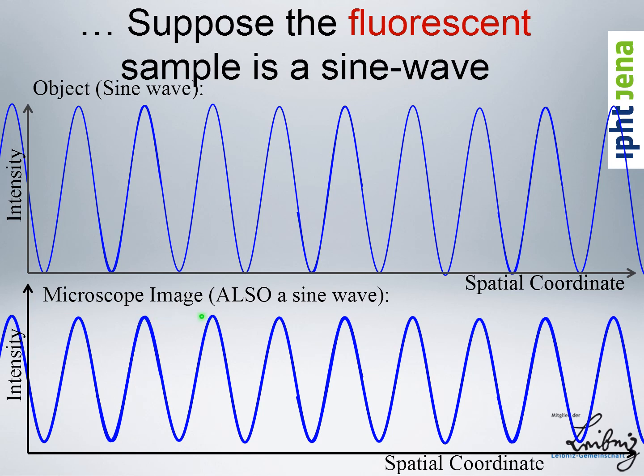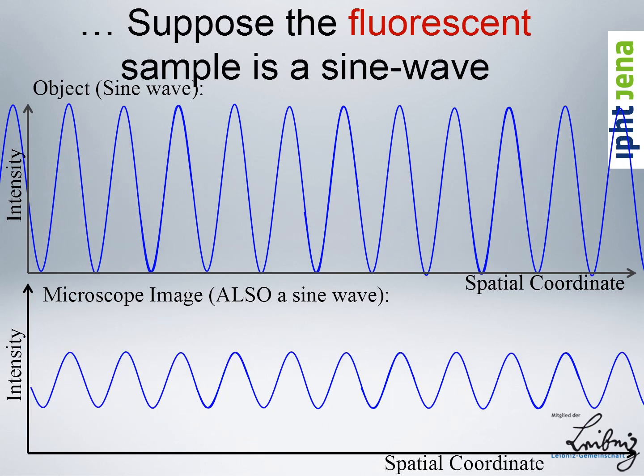So the contrast is really pretty good still. However, if we have now a finer frequency, the effect of the microscope blurring is that the contrast is less, because it's smeared more into each other, so to say. Interestingly, it always remains a sine wave here.